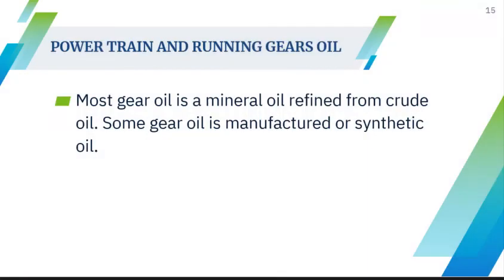So we have the powertrain and running gears oil. Most gear oil is a mineral oil refined from crude oil. Some gear oil is manufactured or synthetic oil. Chemical additives are mixed with gear oil to improve its load carrying capacity. This protects against extremes of heat on oil viscosity, and against foaming, corrosion, and oil seal damage.